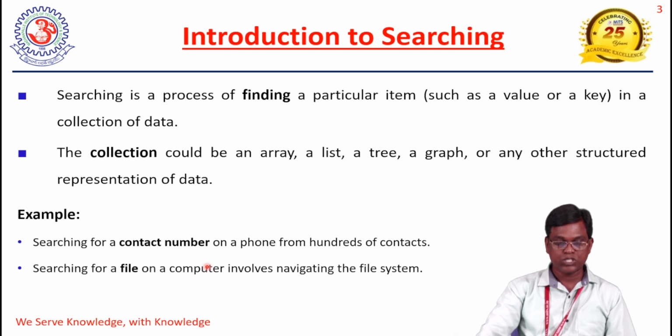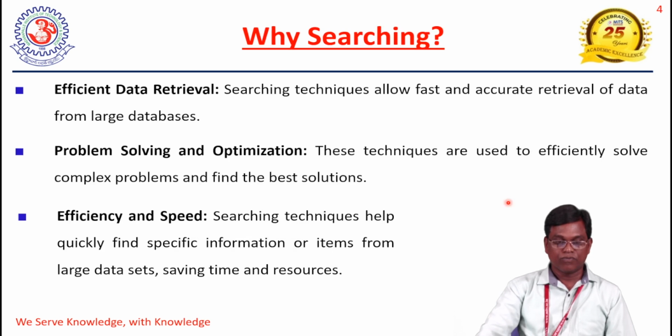Not only for these two examples, we have many other real-time and technical examples where we search for a particular element or object from a large set of values or items. Why do we need the searching process? There are many reasons. Here I am going to give a few examples. The first one is efficient data retrieval.